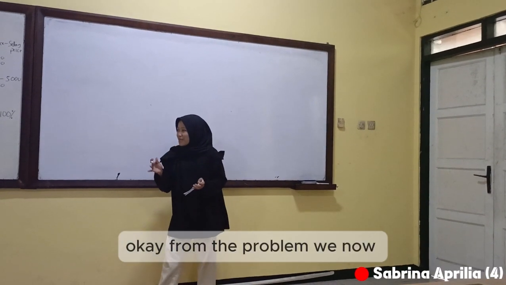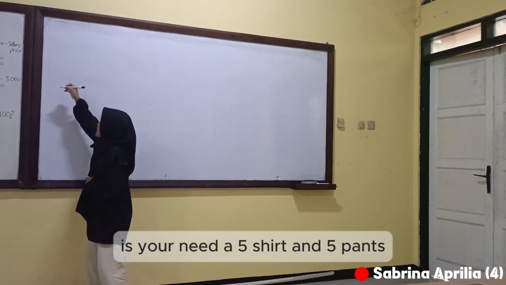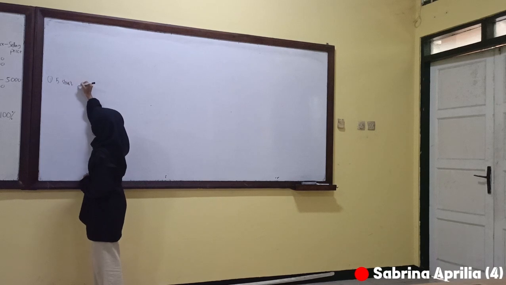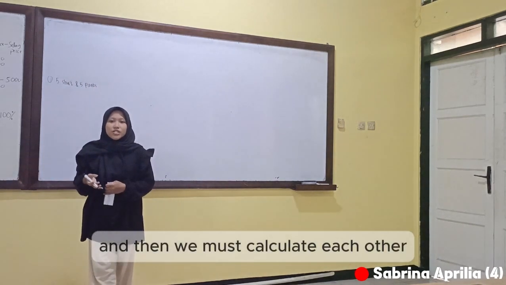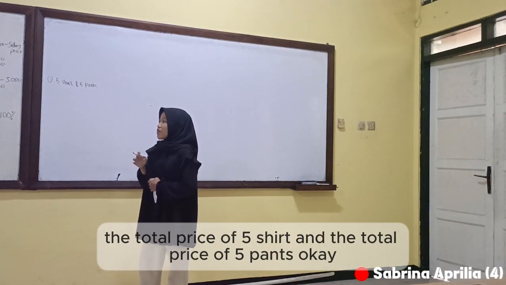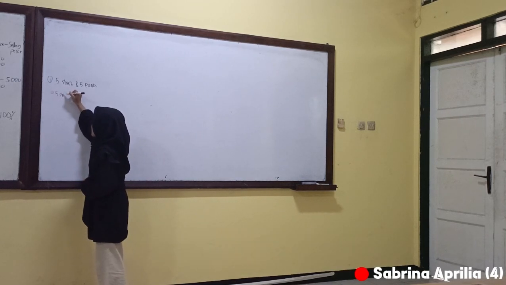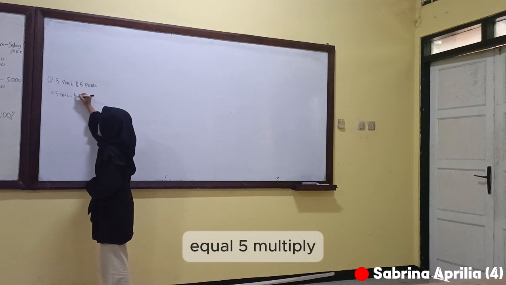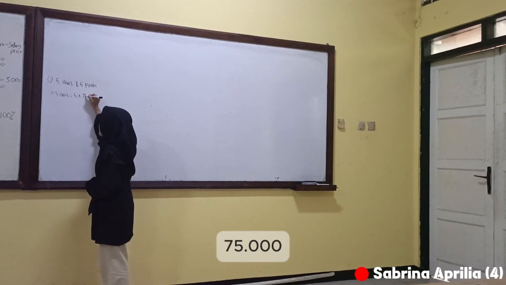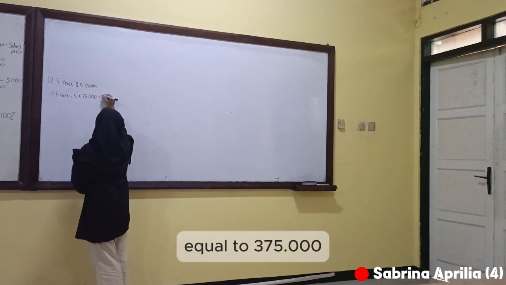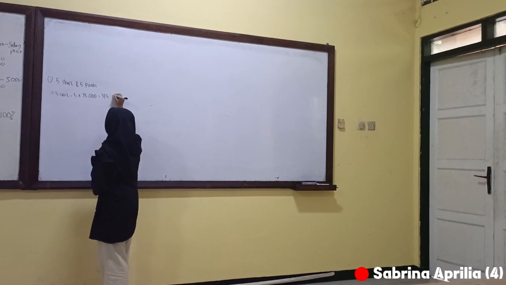Okay, from the problem we know Miss Yani buys 5 shirts and 5 pants. And then we must calculate separately the total price of 5 shirts and the total price of 5 pants. First, the total price of 5 shirts is equal to 5 multiplied by 75,000 rupiah, which is equal to 3,075,000 rupiah.